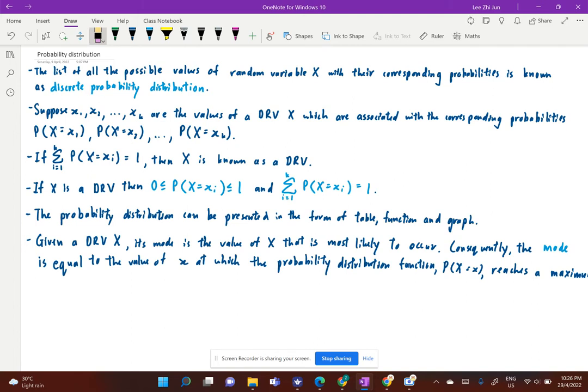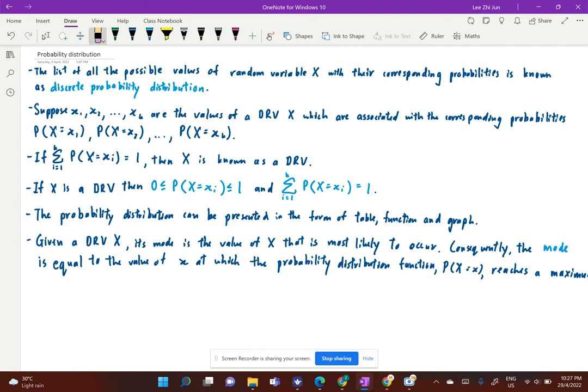So suppose you have k values, and x1, x2 till the last value, x_k, are the values of a discrete random variable X which are associated with the corresponding probabilities.